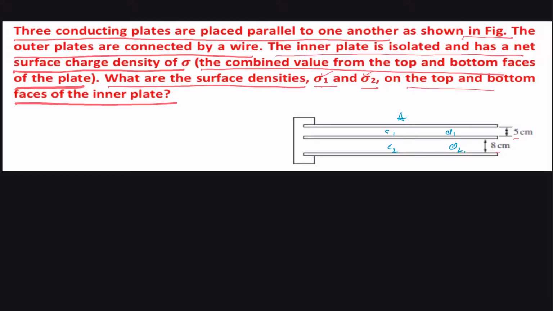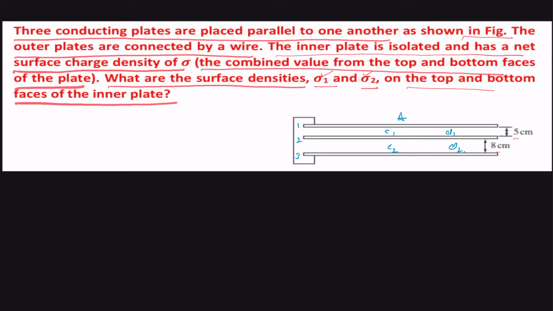Here also the outer plates are connected by a wire. So let us call these plate number 1, 2 and 3. Plates 1 and 3 are connected by wire, so they will be at the same potential, whereas 2 is independent, not connected, so it has a different potential.